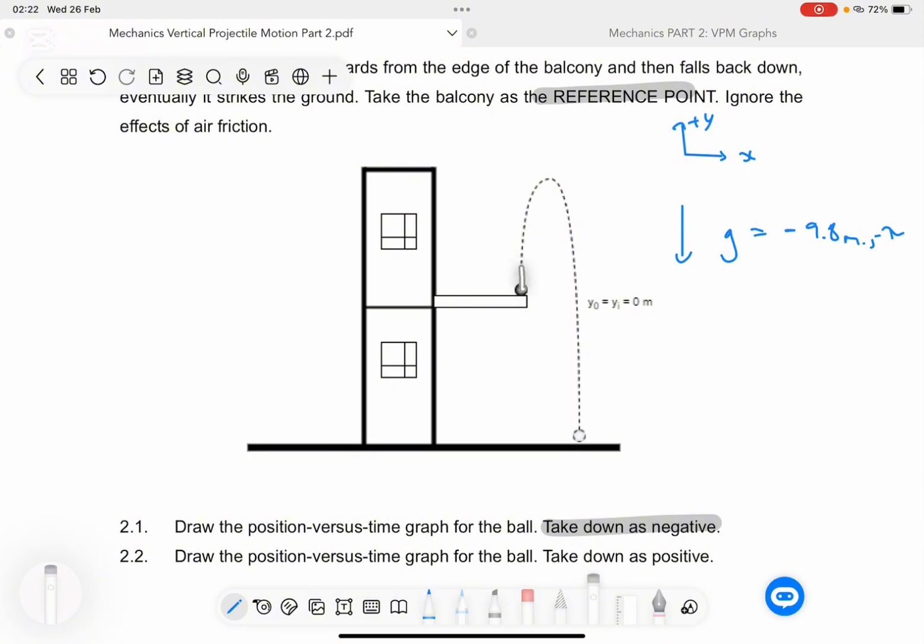So from here, we still have the same motion that we did in the previous example, except past this point, we occupy negative positions until we get to this position. So this means our graph is going to be a sad graph again, because our 9.8 is negative, and it will start at 0 because our initial y is actually 0.